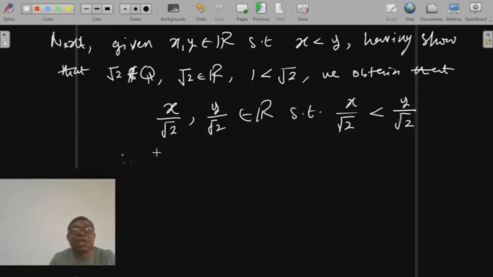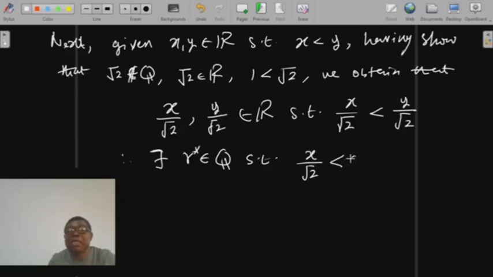Thus, there exists, say, R star in the set of rational numbers such that x over root 2 will be less than R star, and this is less than y over root 2.